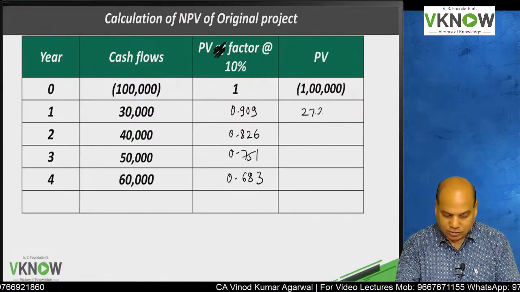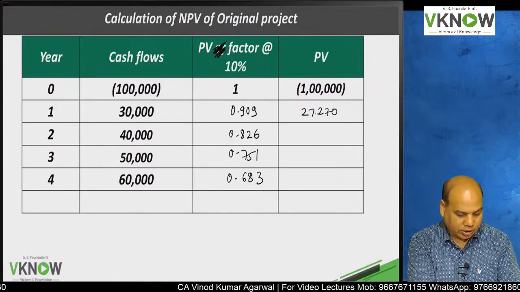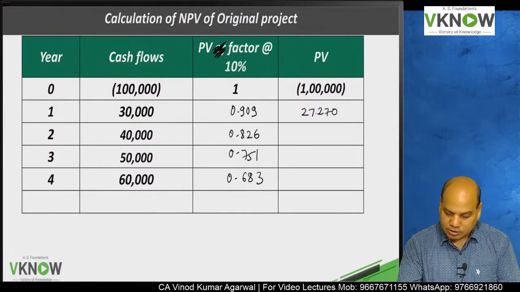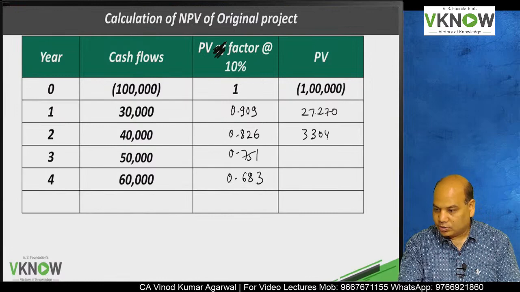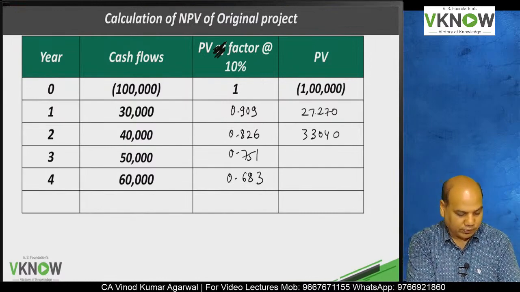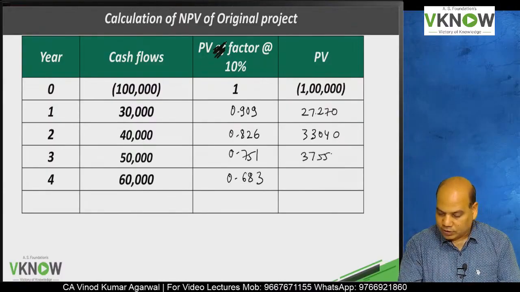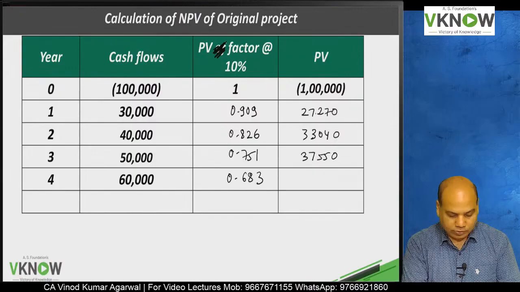Memory plus 27270. 40,000 into 0.826 equal to memory plus 33040. 50,000 into 0.751 equal to memory plus 37550.